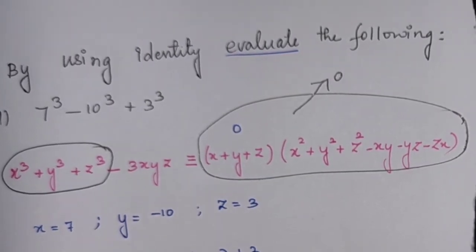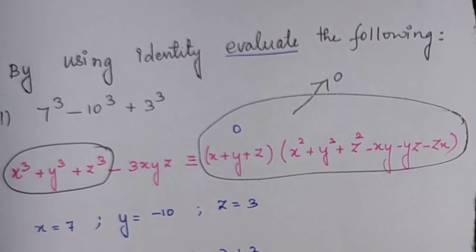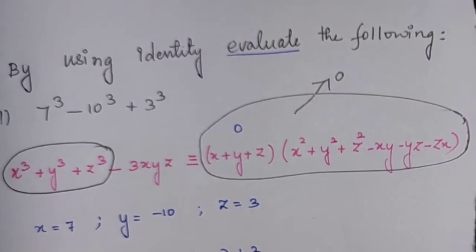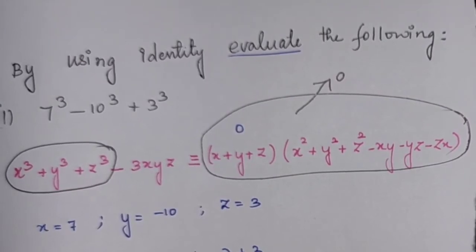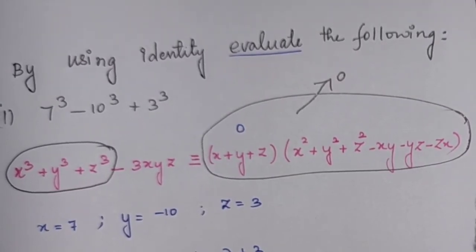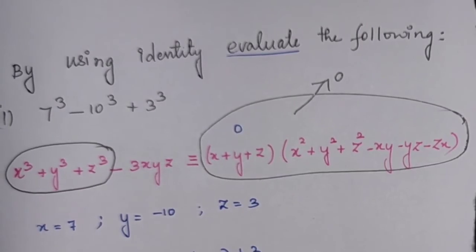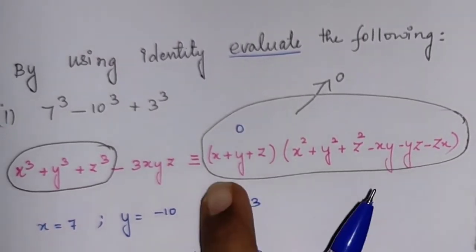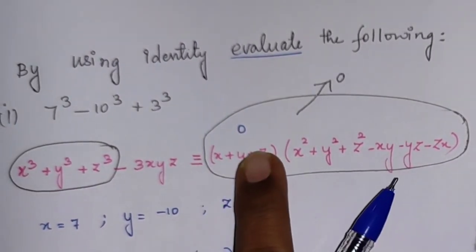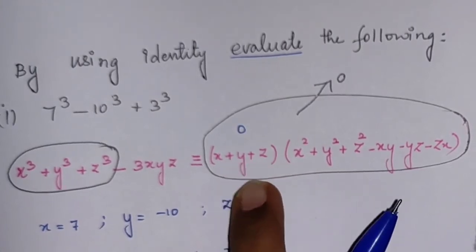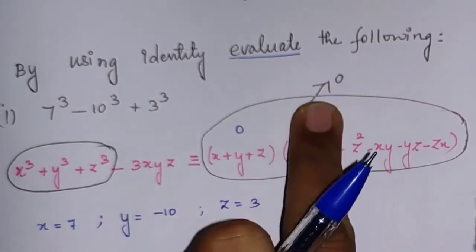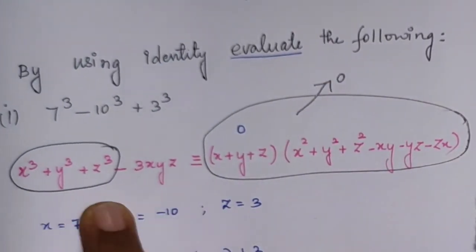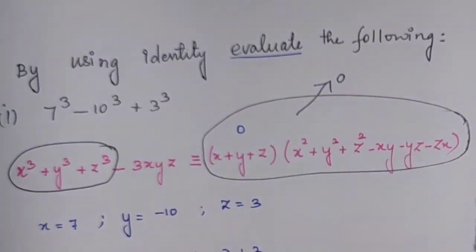So x cube plus y cube plus z cube minus 3xyz will become 0 when x plus y plus z is 0. So I am rewriting this whole term as 0: x cube plus y cube plus z cube minus 3xyz is equal to 0.